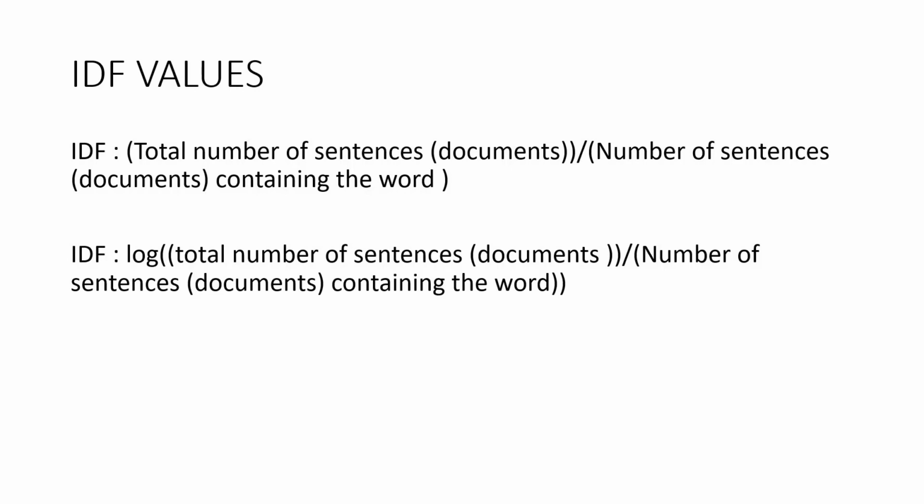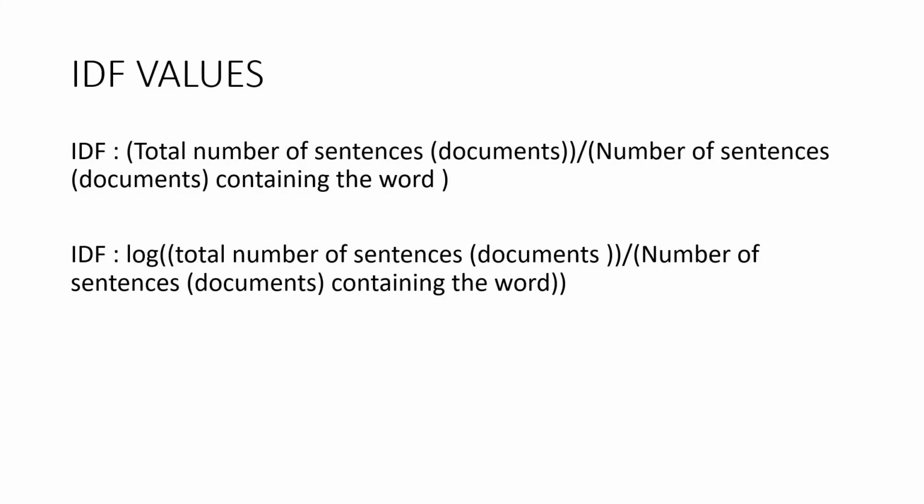On the other hand, TF values of a word differ from document to document. Let us find the IDF of the word play. Since we have three documents and the word play occurs in all three of them, the IDF value of the word play is 3 by 3, equal to 1. TF-IDF values are calculated by multiplying TF values with their corresponding IDF values.